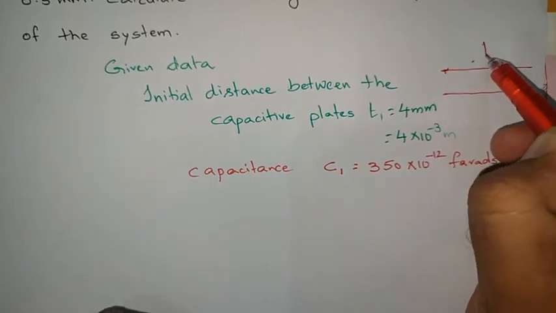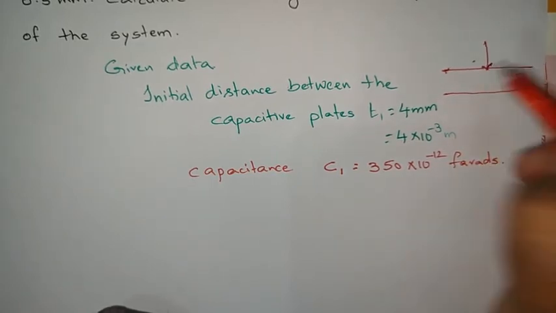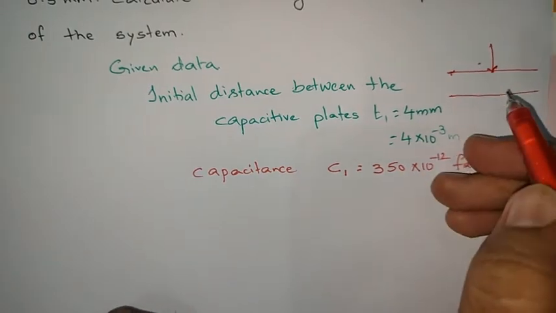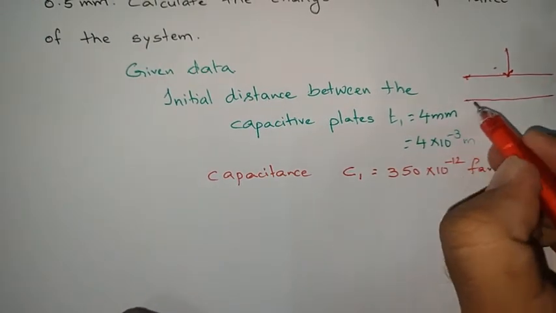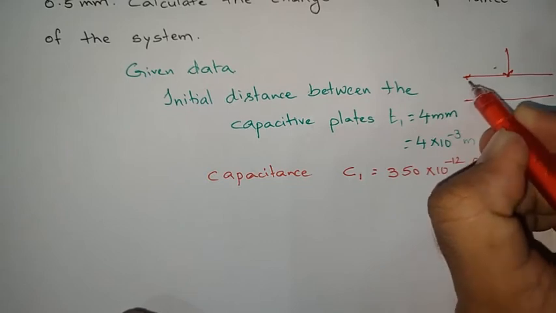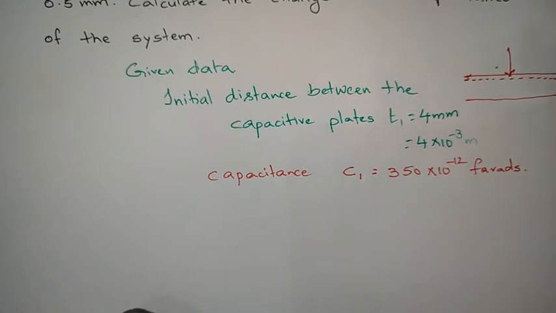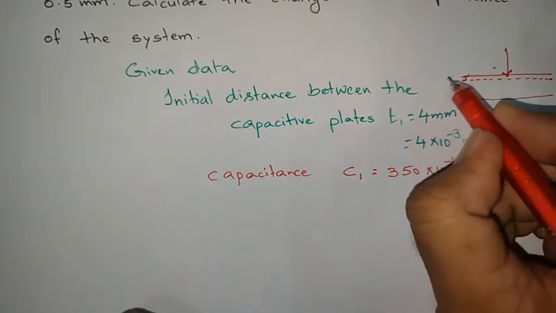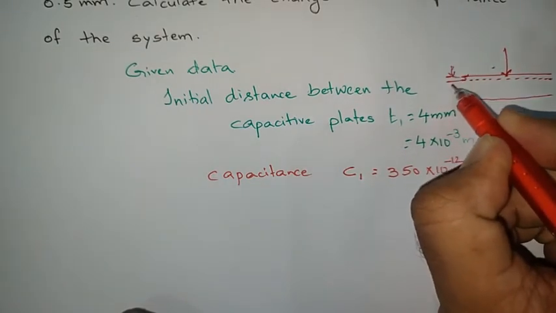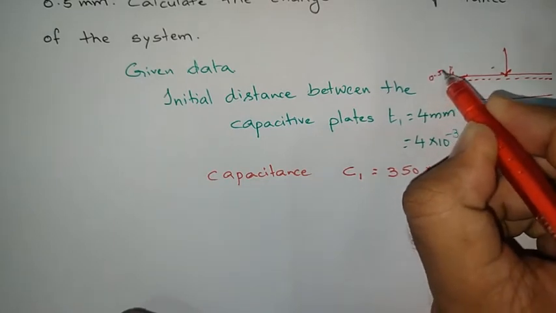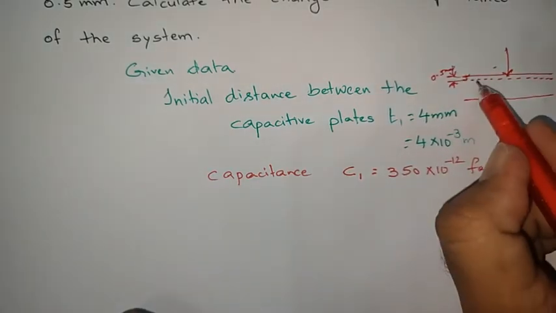So whenever I apply a pressure of 800 kilonewton per meter square, then the diaphragm deflects through a distance of 0.5 mm. So this is the new position of the diaphragm. How much distance did it travel? 0.5 mm. Then what is the distance between the plates?